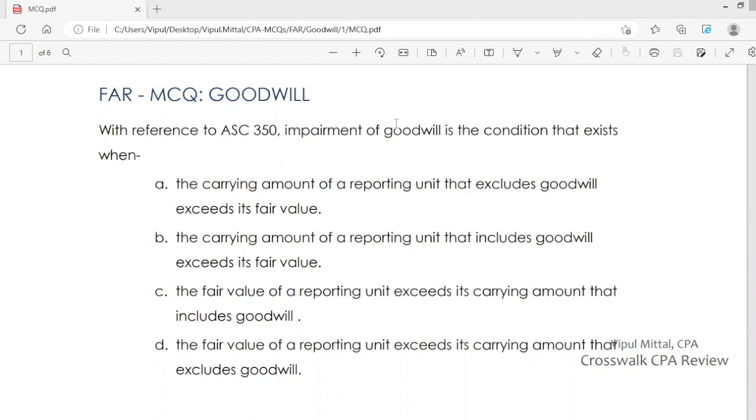And it's talking about impairment of goodwill. What actually is impairment of goodwill? When do you say that goodwill has impaired?